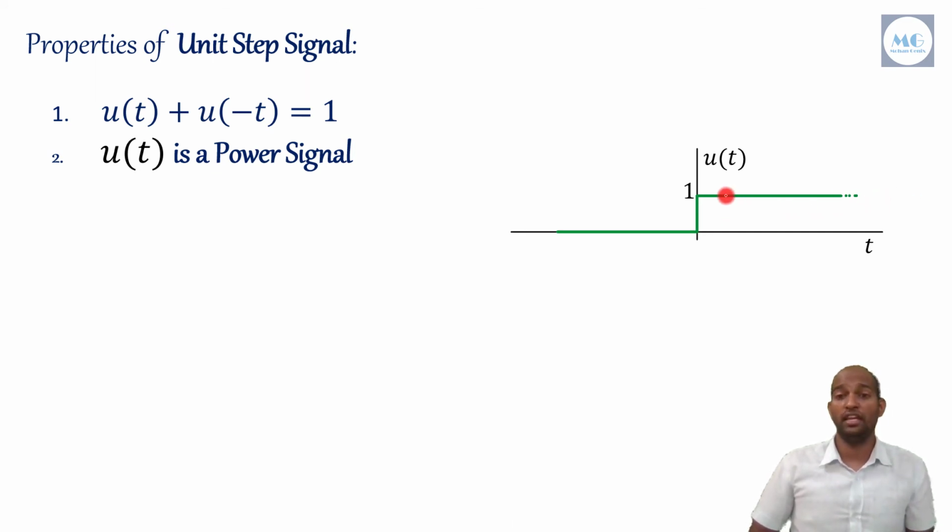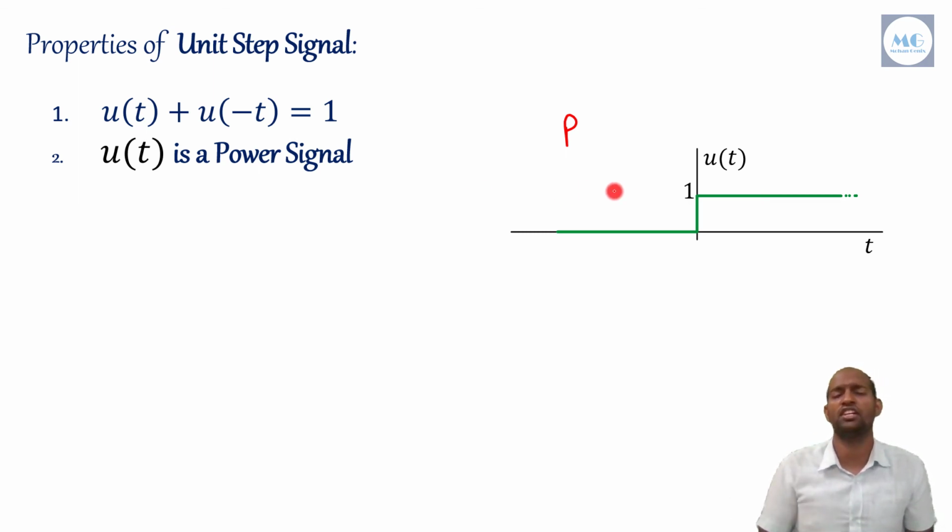For any infinite duration signal, if the signal is constant or never going to infinity, then it is a power signal. If its value is infinity at any instant of time, then only it could be neither energy nor power signal. For this case, it is a power signal.